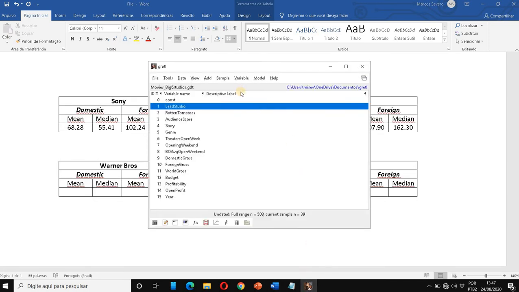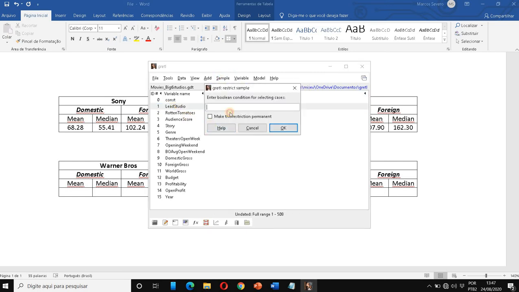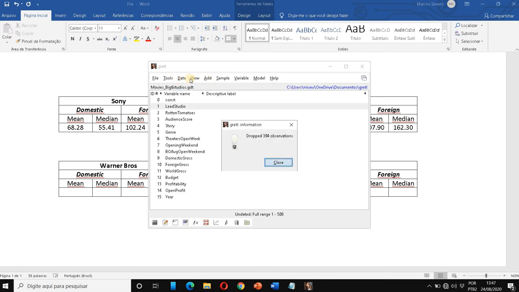Now I'm going to work with Warner. So we have to restore and restrict again, but now with the value number 4, okay?